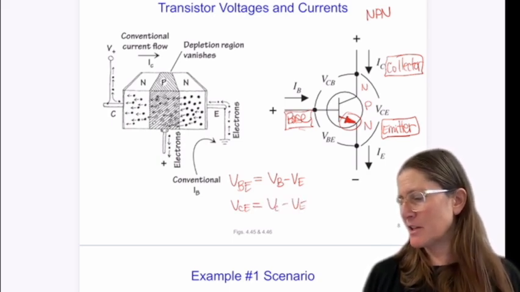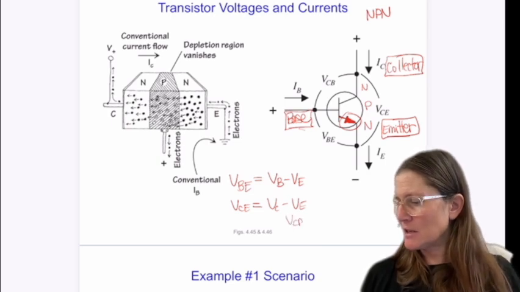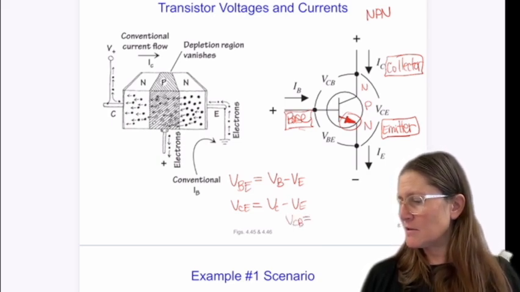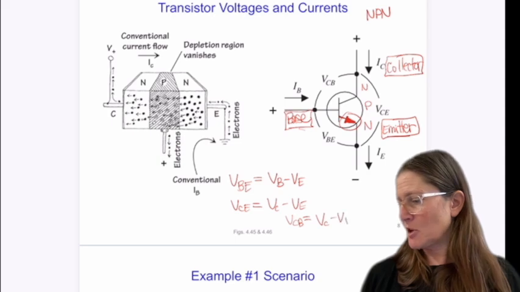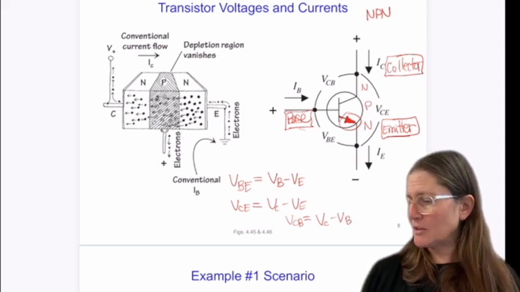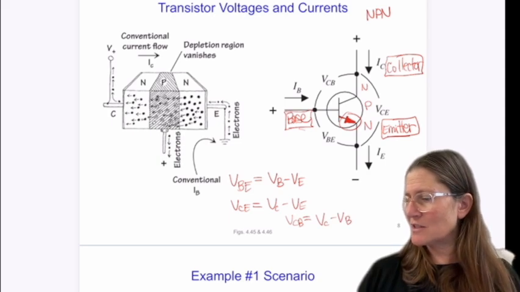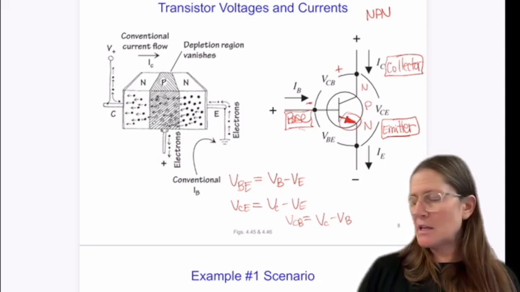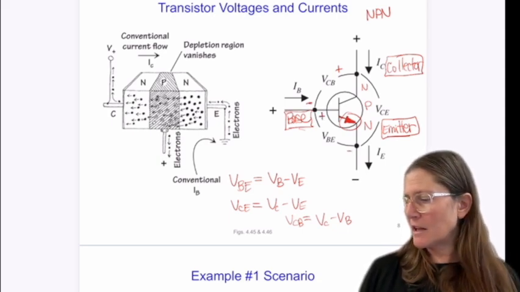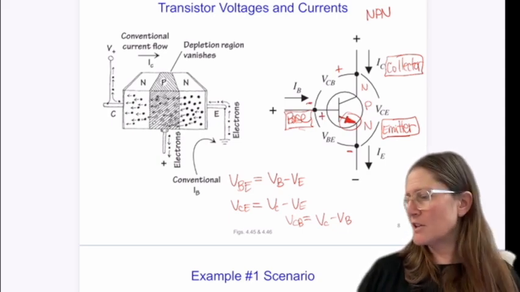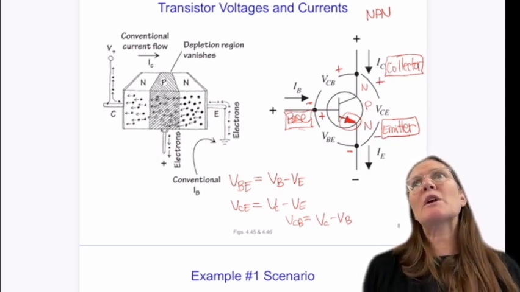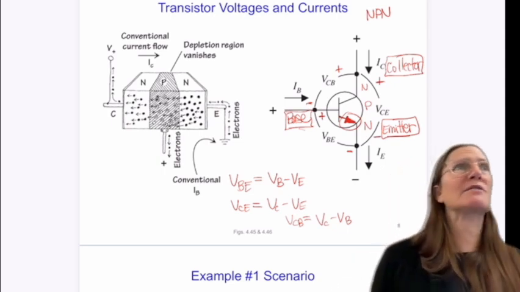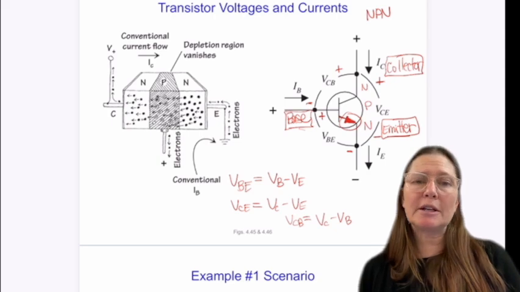Correct, VC minus VE, and VCB is? Correct. So that means the plus side is the first one. So in this case, VCB is a plus to minus. VBE is the plus on the base side and minus the emitter side. And VCE is the plus on the top and minus on the bottom. So when we analyze the circuits, you'll want to remember that so that you can label your polarities correctly.